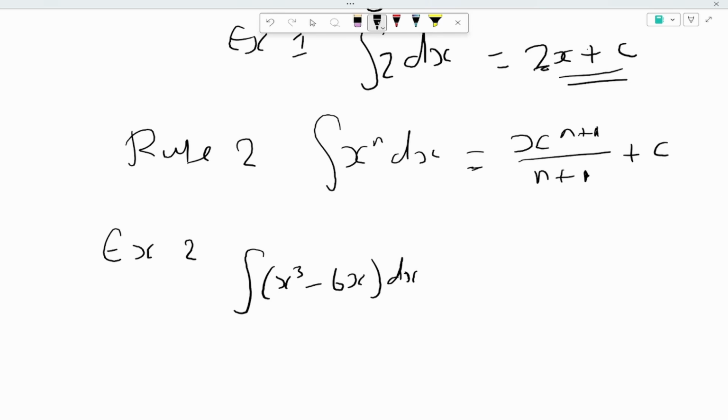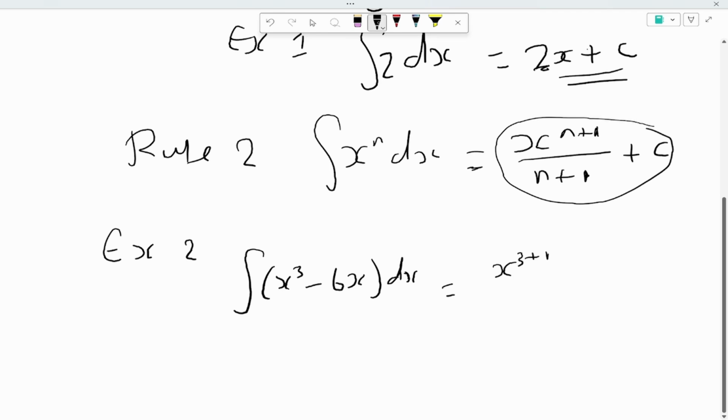So take note. When you see it like this, what you do is use an indefinite approach, which is the general rule that we have just given. What you do from here is simple. Applying this, you have x raised to power 3, you add 1 to it, all over this same increase in power, 3 plus 1 becomes the denominator, then bring your minus here, and you repeat the same thing for 6x.